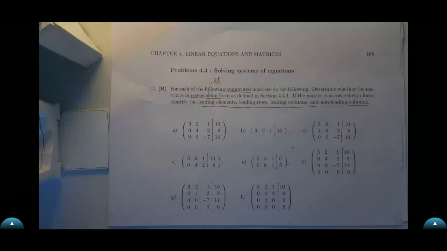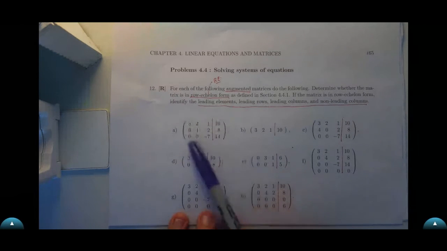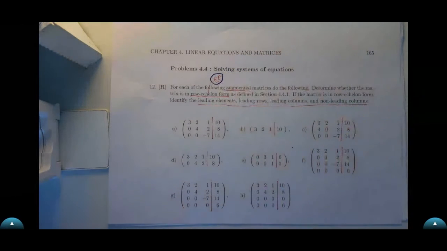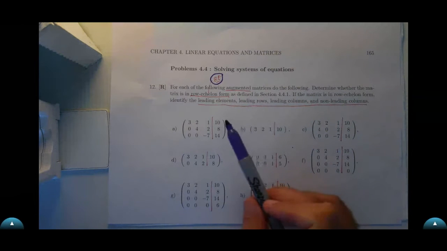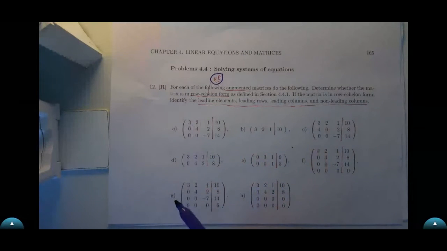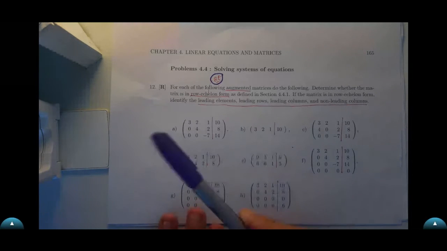Okay, all right. So who can tell me? Let's have a look at matrix A together. Is this in row echelon form? Who can tell me on the chat? Advaita thinks so. Okay. Well, let's look at this a little bit more.